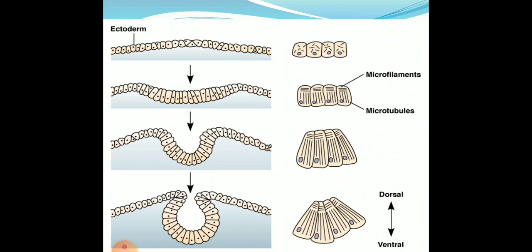Later the neural crest cells differentiate into the ganglia of the cranial and spinal nerves, melanophores, also called chromatophores, adrenal medulla and visceral skeleton.